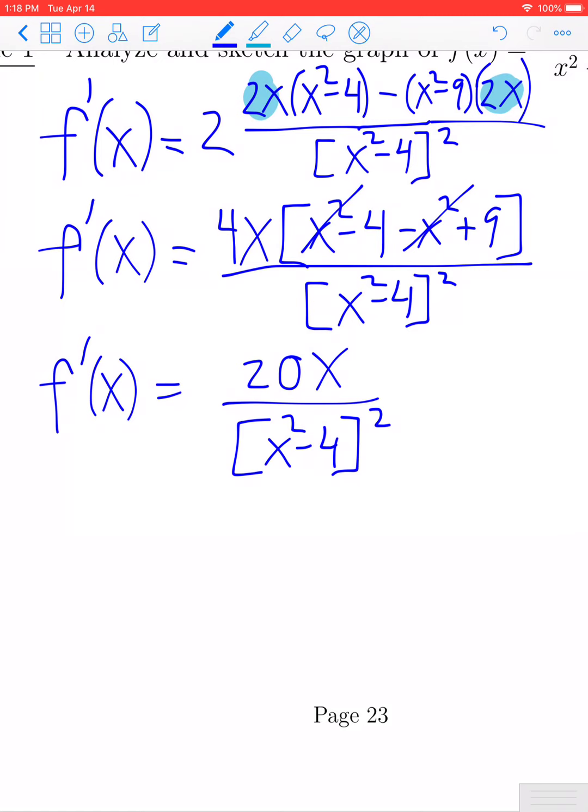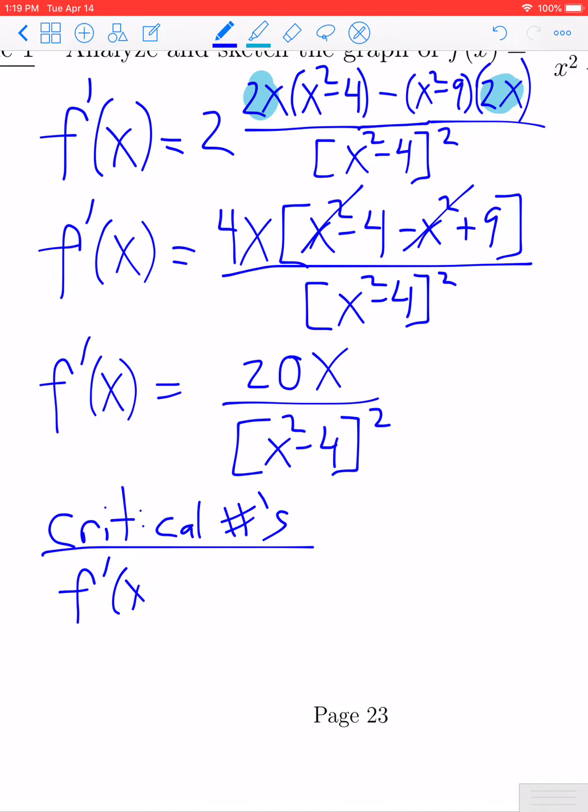The next thing we're going to look for is our critical numbers. The critical numbers are going to be where f prime of x is equal to 0. This fraction will be equal to 0 precisely when the numerator is 0, which occurs when x equals 0.